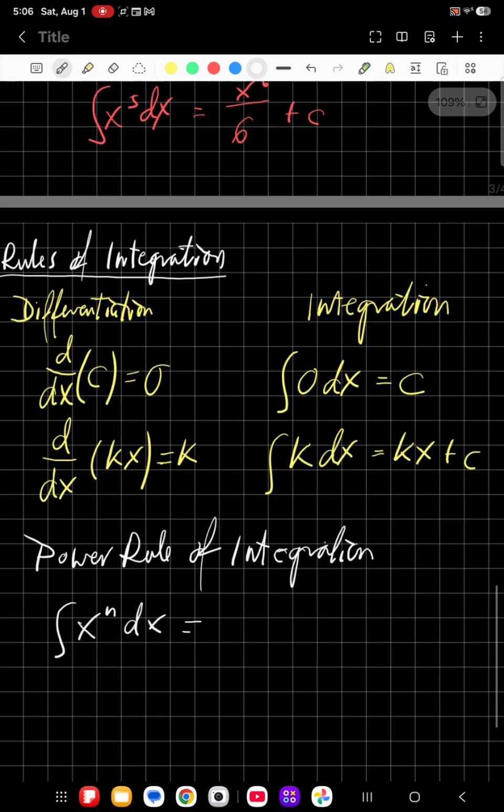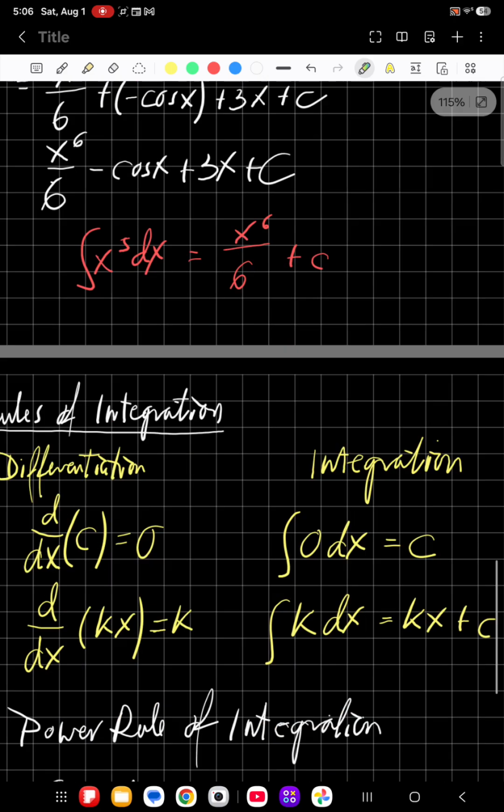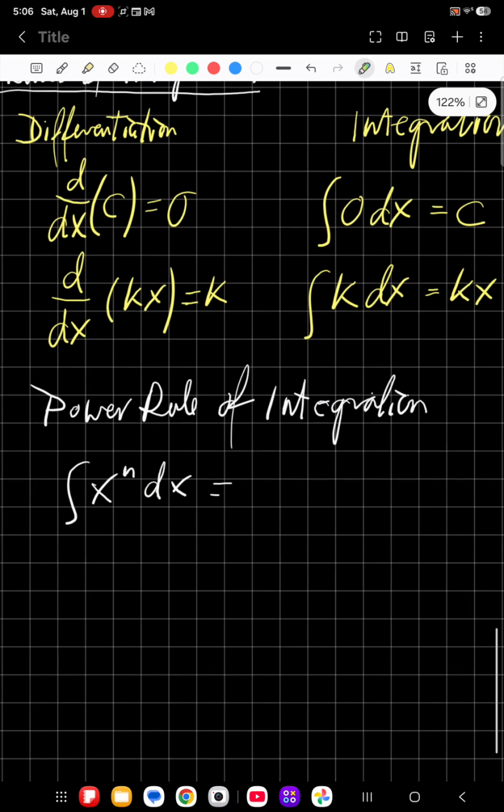So I'm going back to this example here. When I was taking derivatives, I was moving that n to the front and subtracting one. Here we're doing the opposite. First we're adding that 1, so it's going to be x to the n plus 1.